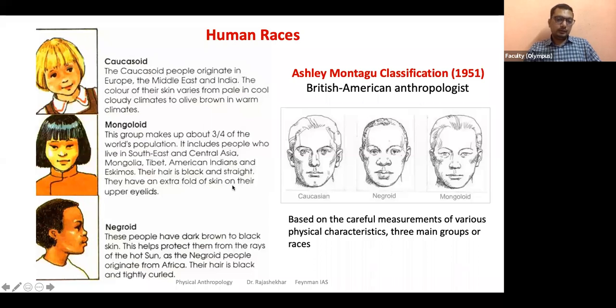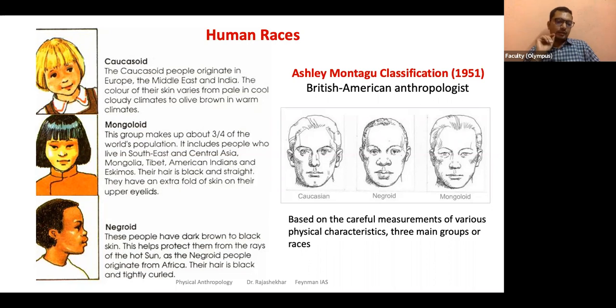American Indians and Eskimos also seem to share these characteristics. Some of the physical features that you notice are also shared by American Indians, natives of the Americas, and Eskimos.